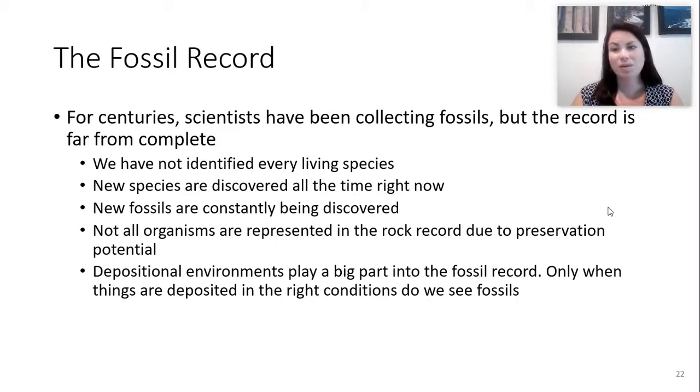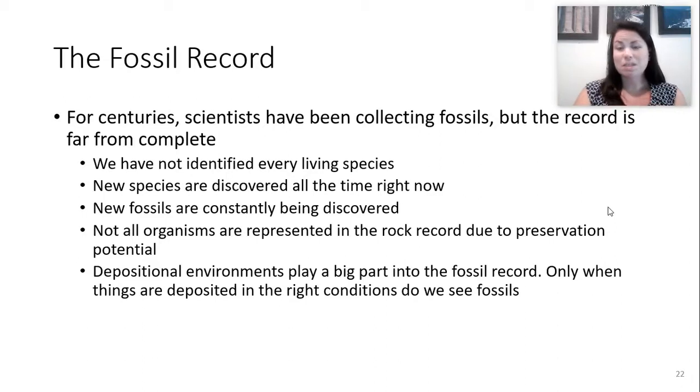So with that being said, it's hard to extrapolate that to things that are not living. If we're identifying new species now, it goes without saying that we definitely have not observed all the previous species that ever existed. We always seem to find new fossils, and scientists have been very creative in ways to identify the differences between these fossils and naming these fossils. Of course, not all organisms are present in the rock record due to their preservation potential, like I just said.